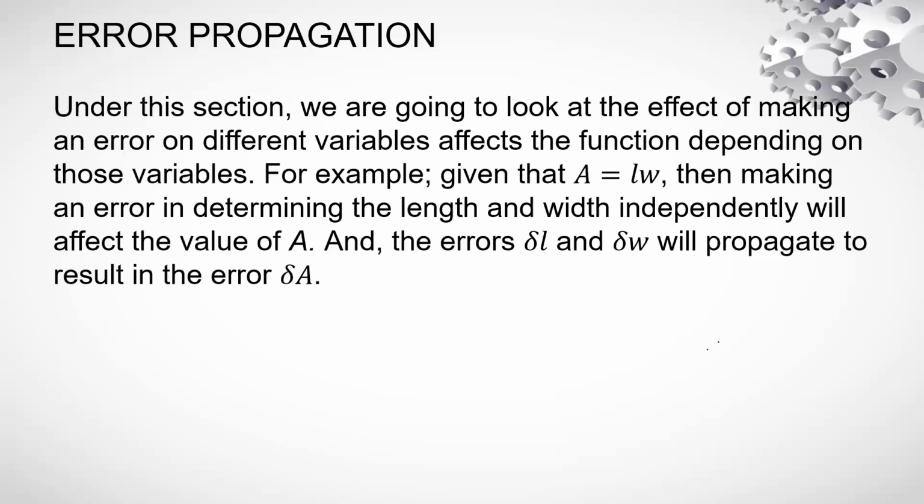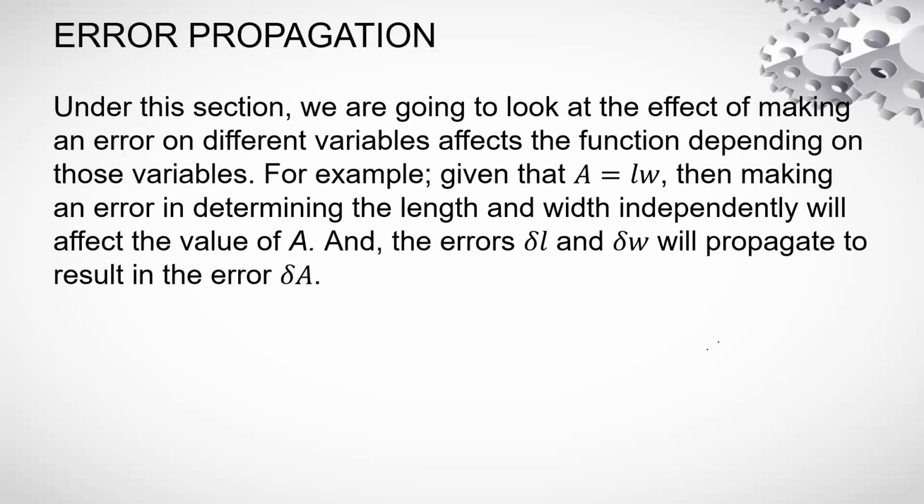In this example, area equals length times width, so area is the function depending on the variables L and W. The moment you make an error in L and W, you're making an error in the area. So when we say the error has propagated, the error has grown. The error in area has grown because of the error you made in measuring the length and the width.